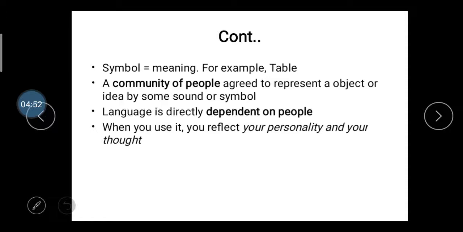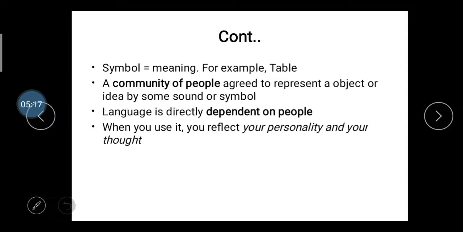Then after, a community of people agreed to represent an object or idea by some sound or symbols. Some people try to convey their message via these ideas, via sound, via symbols. So it's one type of language.